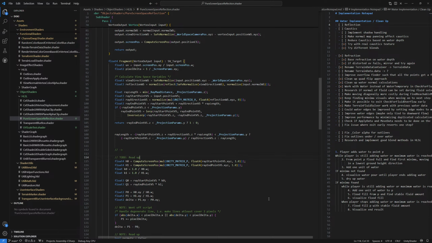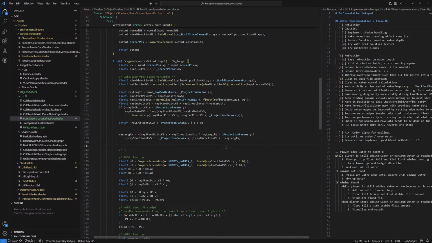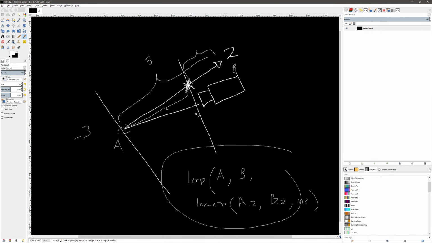Shouldn't we be able to do this? Maybe just a more costly way to do this. So basically we do inverse lerp first of all. So how far along this ray are we to be at a value of z? Yeah, should work. Yeah, I think so.